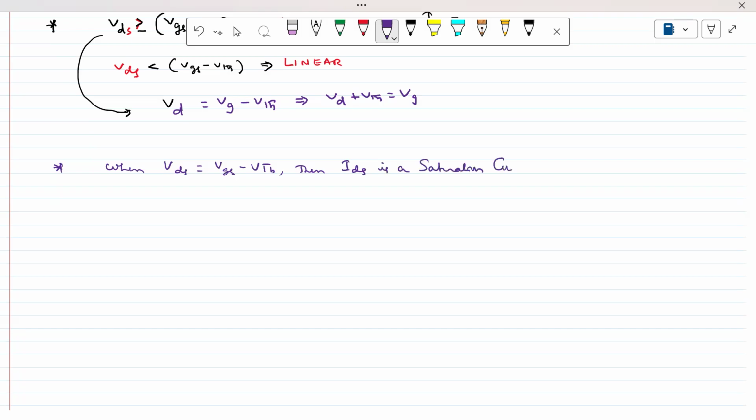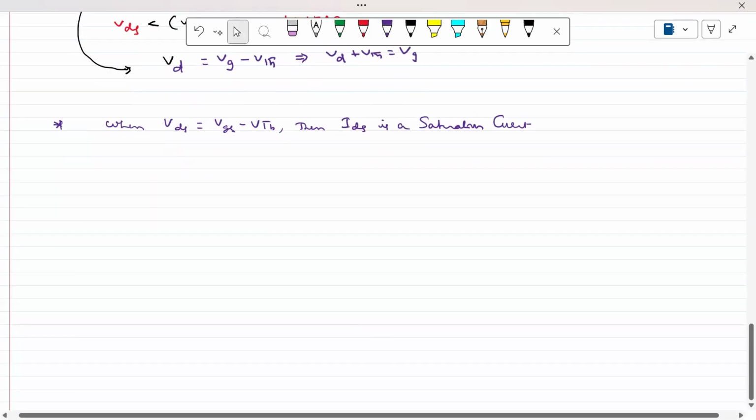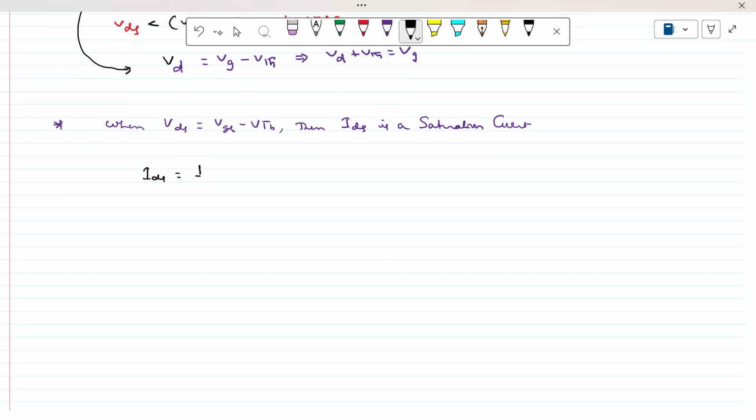IDS is mu n Cox W by L into (VGS minus VTH) into VDS minus VDS squared divided by 2.